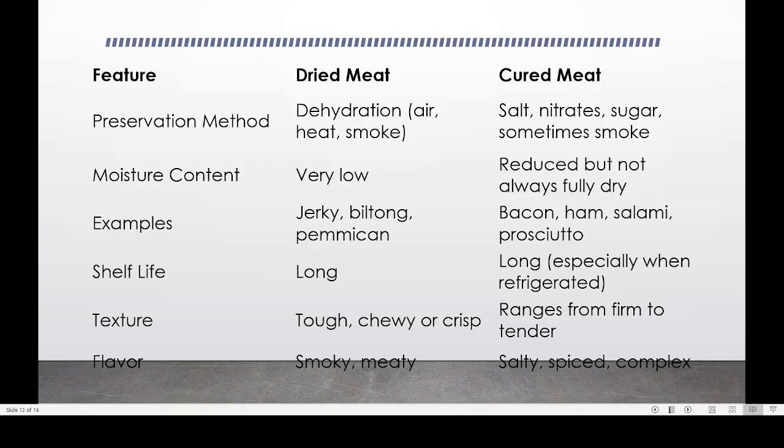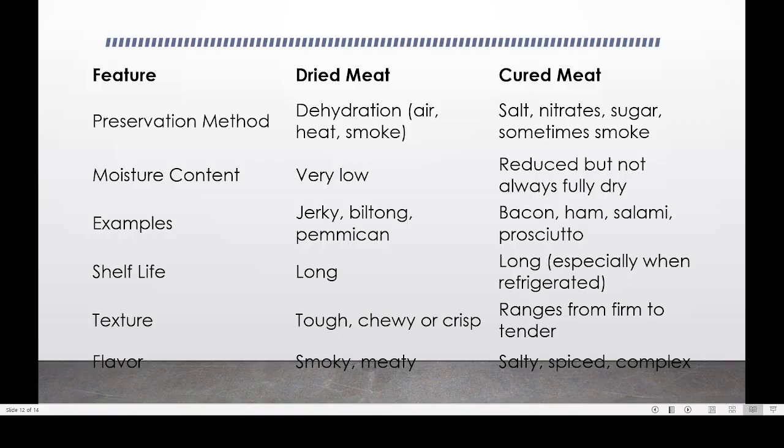Examples are given. And shelf life is very long for dried meat, and for cured meat also. If we keep it in a fridge, it can be longer. Then in the case of texture, dried meat will always be very dry, almost like a wooden piece. In cured meat, it can range from soft to harder.